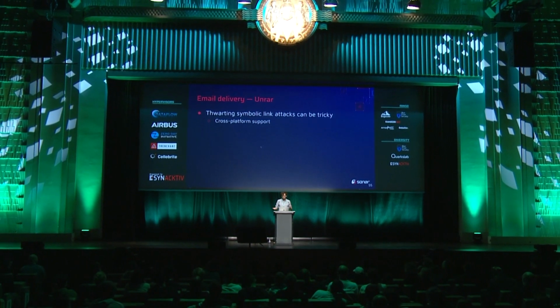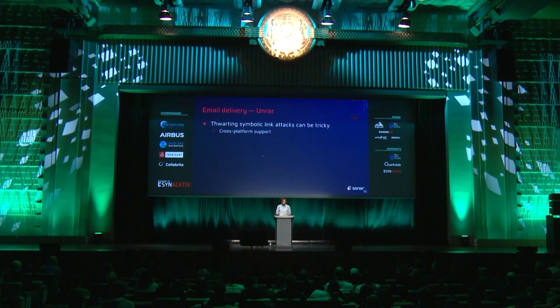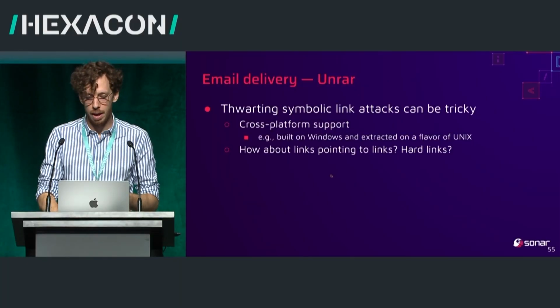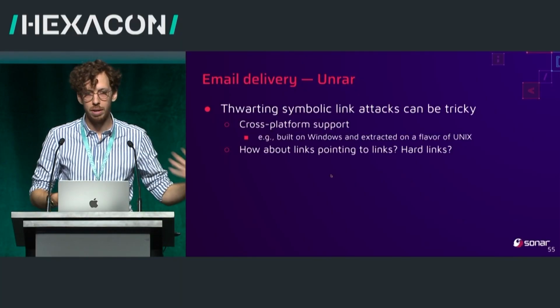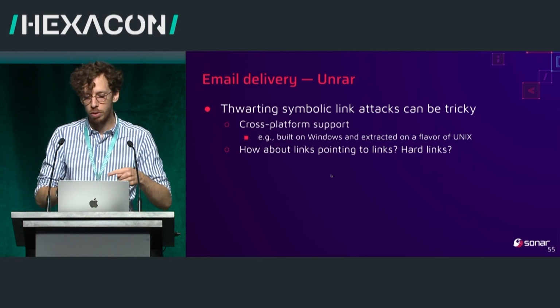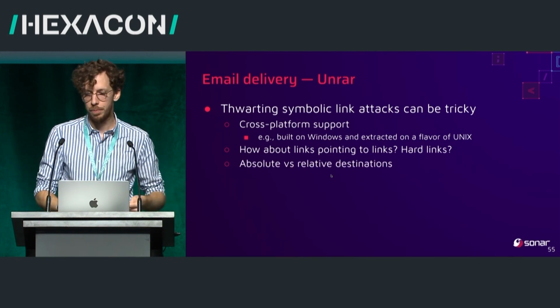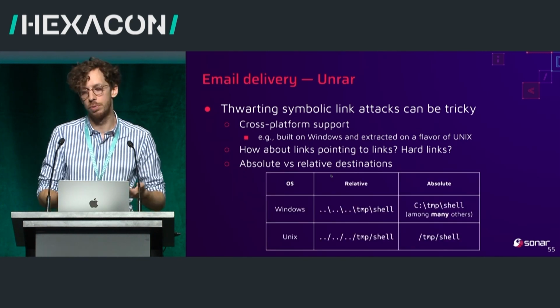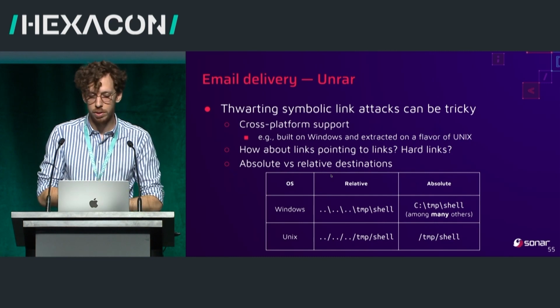We can't blame all the developers for this bug, because you need to support cross-platform stuff. Like, I built my archive on Windows, I want to extract it on Unix. How can I do it? It's not so easy. Same for links pointing to links, hard links, or extracting to a folder which is a link to somewhere else. You also need to care about absolute versus relative destinations.